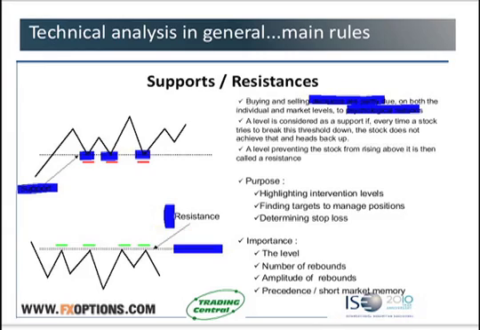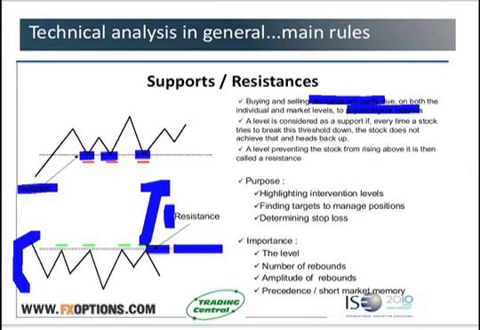For example, if you break above this resistance, the movement will be very, very strong, and this is very useful for traders. If you want to sell, for example, on this kind of chart, you know exactly where to set your stop loss level, just above the resistance level.